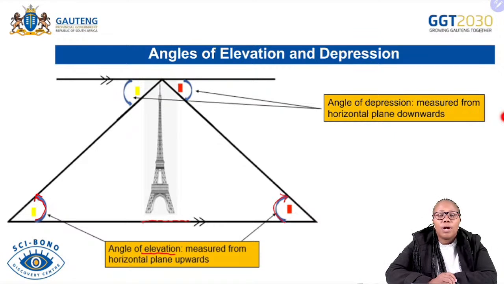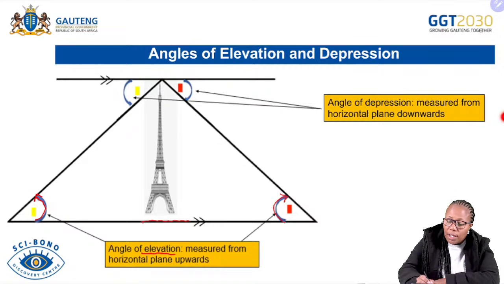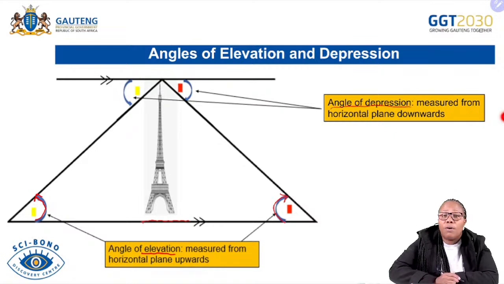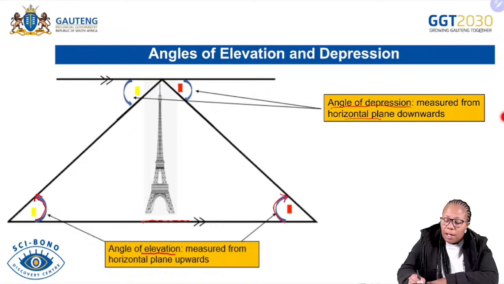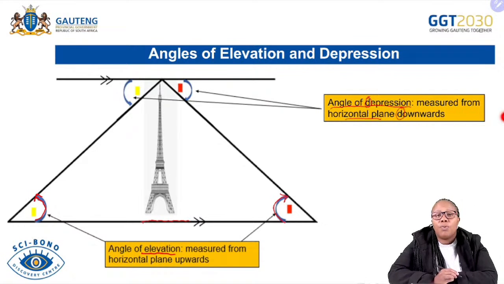And then when you talk angle of depression, we are talking of an angle that is measured from the horizontal plane, yes, but going down. To remember this, grade 12, you can note angle of depression, that is D, and it is measured downwards, that is DD, depression downwards.